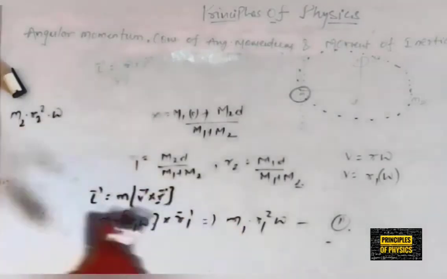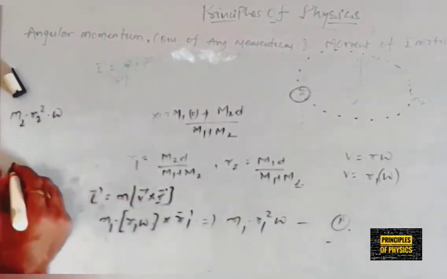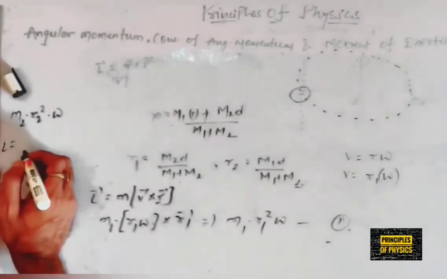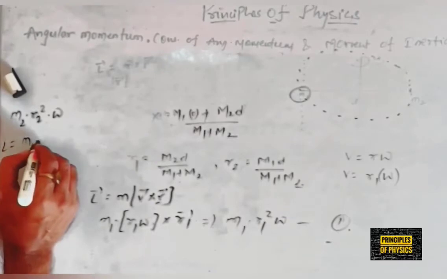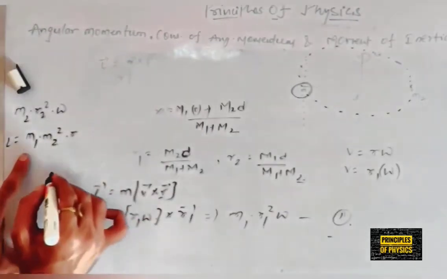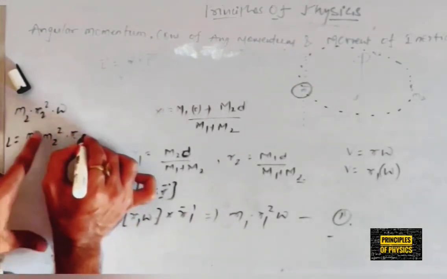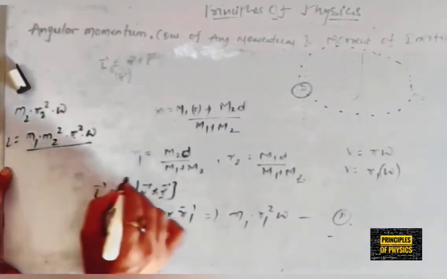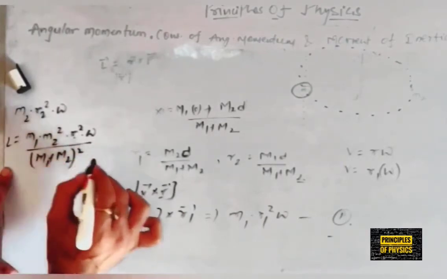Now we will put the values of r1 and r2, then we will find the angular momentum of the system. L1 equals m1 into m2 square into d square omega divided by m1 plus m2 whole square.